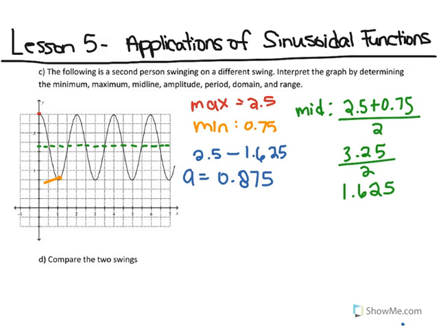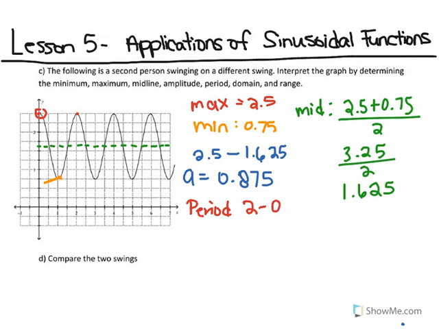So our first maximum is at 0, and our second maximum, the time when it reaches the maximum again, is at 2. So our period is 2 subtract 0, which is 2. So the period length is 2.